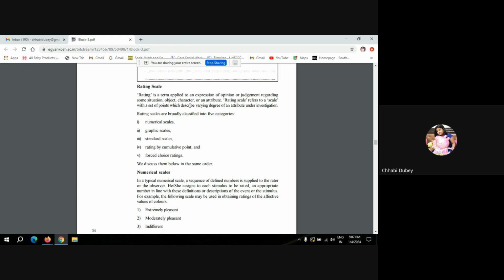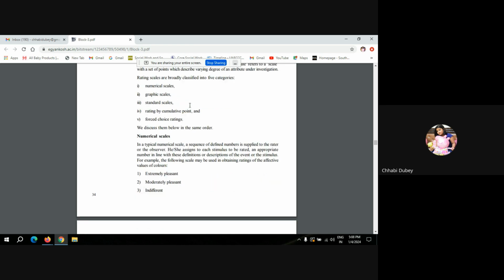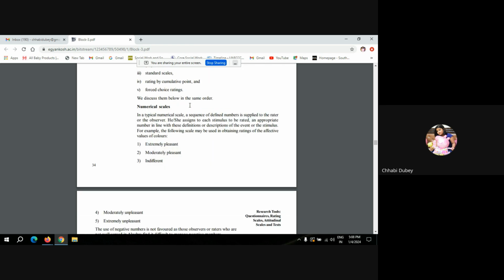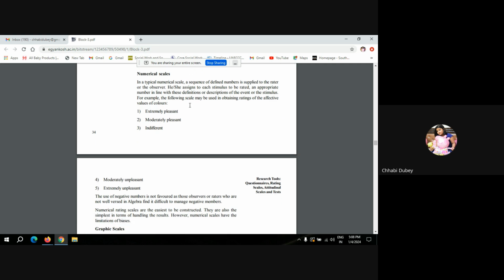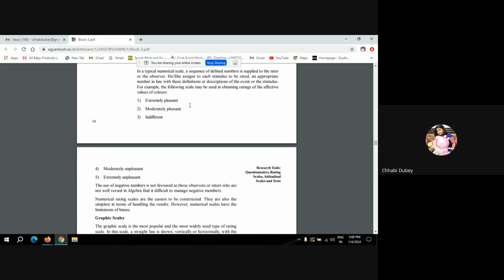Now, what are numerical scales? A sequence of defined numbers is applied to the rater or the observer, and he or she will assign to each stimulus to be rated an appropriate number in line with these definitions or descriptions of the stimulus. For example, we may have the affective values of colors as extremely pleasant, moderately pleasant, indifferent, moderately unpleasant, extremely unpleasant. These can be used in numerical scales.